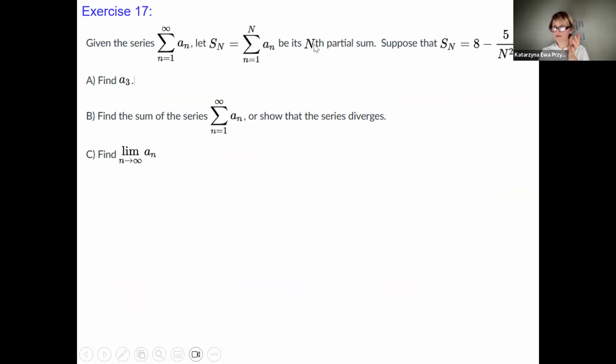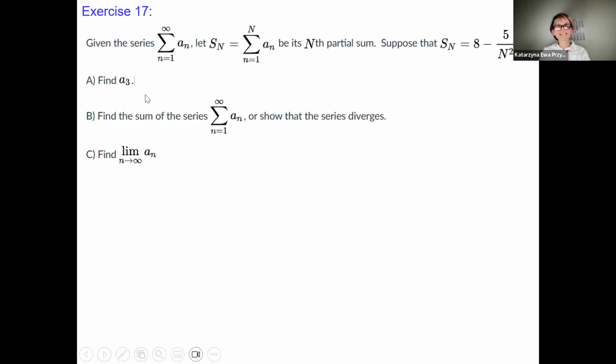And with part B, it's the nth partial sum, and we have the formula for the partial sum: 8 minus 5 over n squared. Now find a sub 3, find the sum of the series and show that the series diverges, and find the limit of a sub n. We don't have the formula for a sub n, but hopefully we will be able to find it.